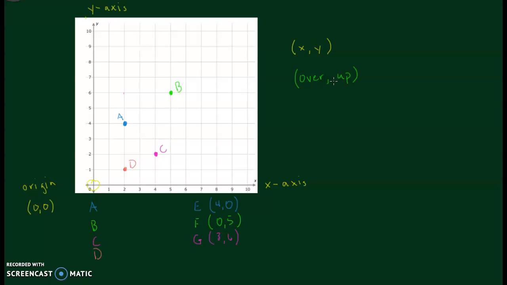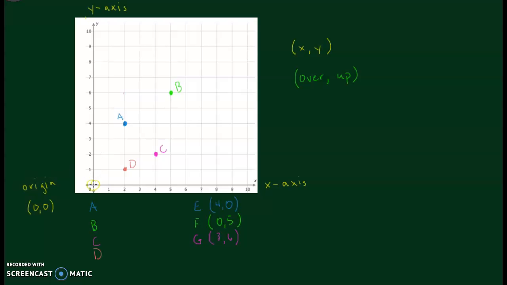As you progress further, there's some other things we can do with this, but for now we're just focusing on over and up. So the x is over, the y is up. And as you can see here, we've got one point already put on, and that's point A, and we need to figure out what the coordinates for point A are.